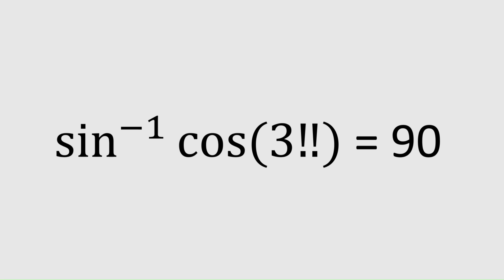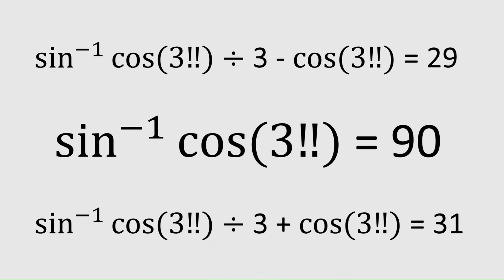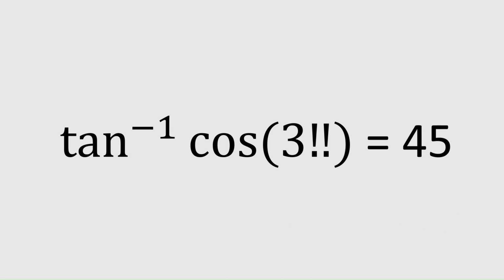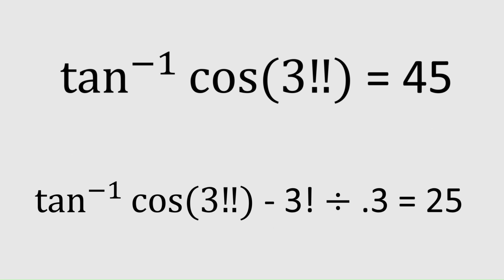If we take the arcsine of this, we get 90, which we can use to make 29 and 31. 30 is also pretty simple. And if we take the arctangent of this, we can get 45. This means that we finally have a solution for making 25.